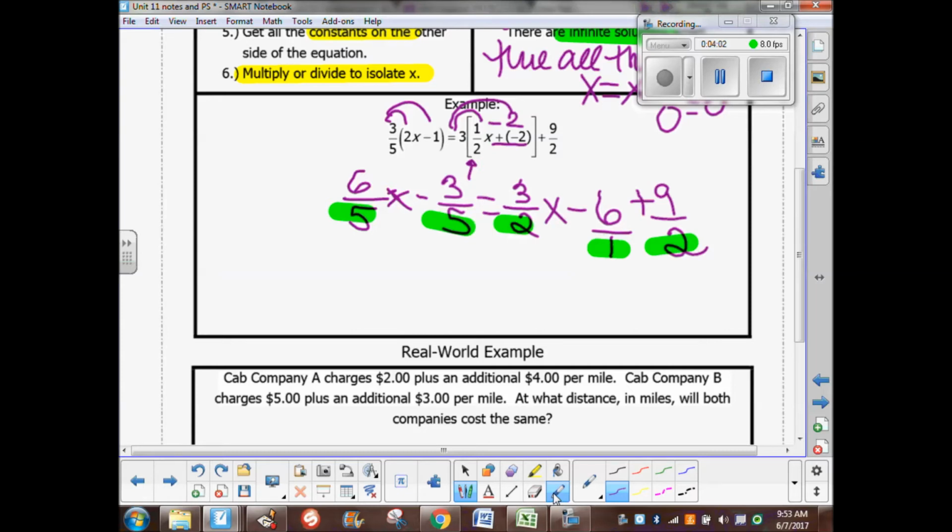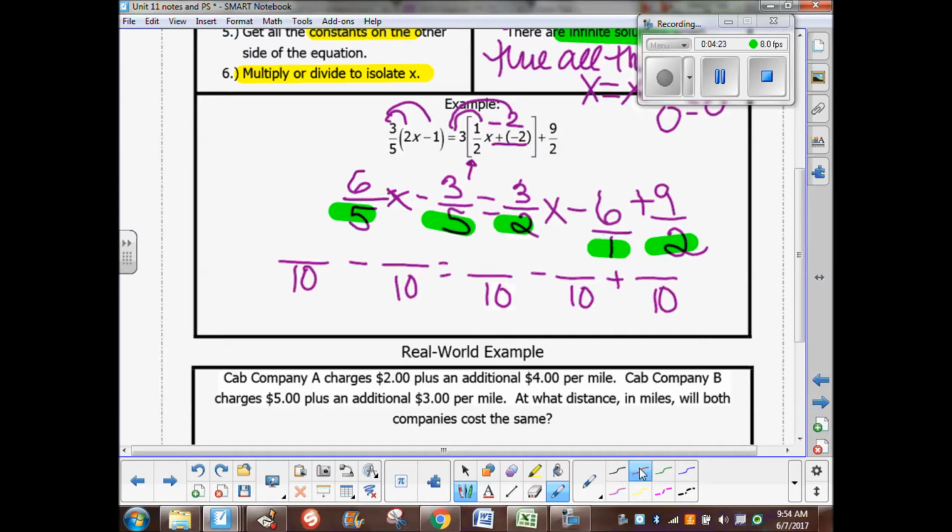What's the common denominator? 10. So we're going to give everything a 10.